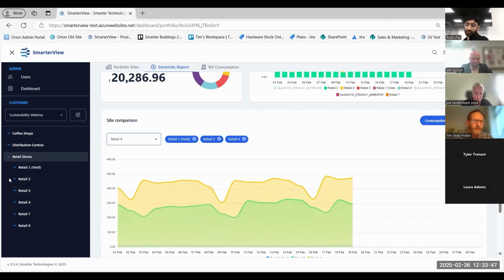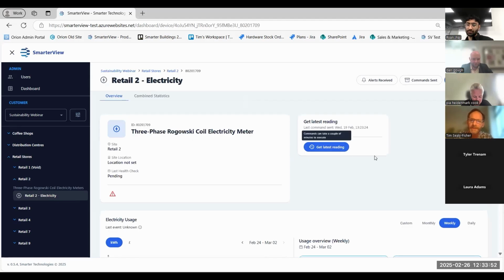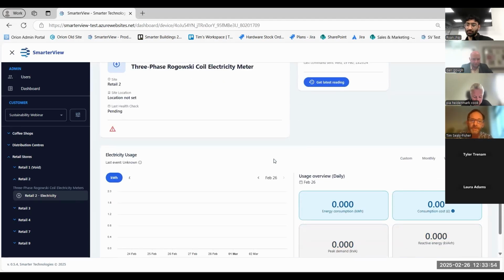At first, if we have a look at retail unit 2, we can go into some granular data about how the energy is used on a daily basis. Forgive me while my screen catches up.